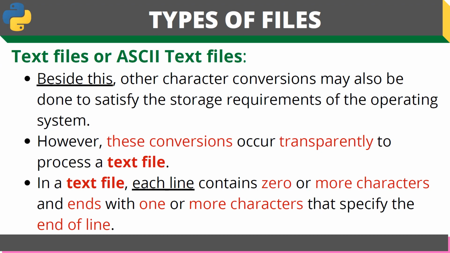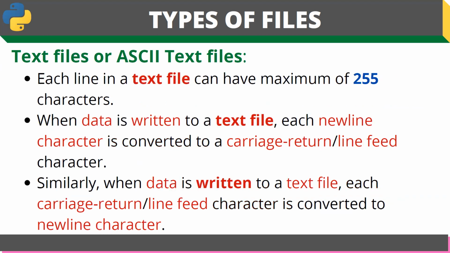In a text file, each line contains 0 or more characters and ends with one or more characters that specify the end of line. Each line in a text file can have a maximum of 255 characters.